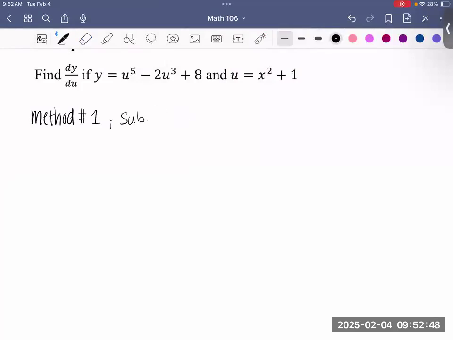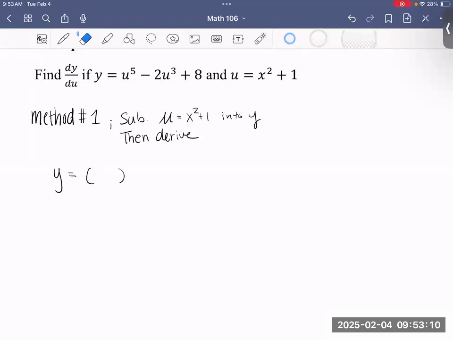To substitute u of x squared plus 1 into y, and then derive all at once. So let's see that in effect. If we have y is equal to, instead of u to the fifth and u to the third, we're going to instead take what u is actually equal to, x squared plus 1, and then raise it to the fifth power.